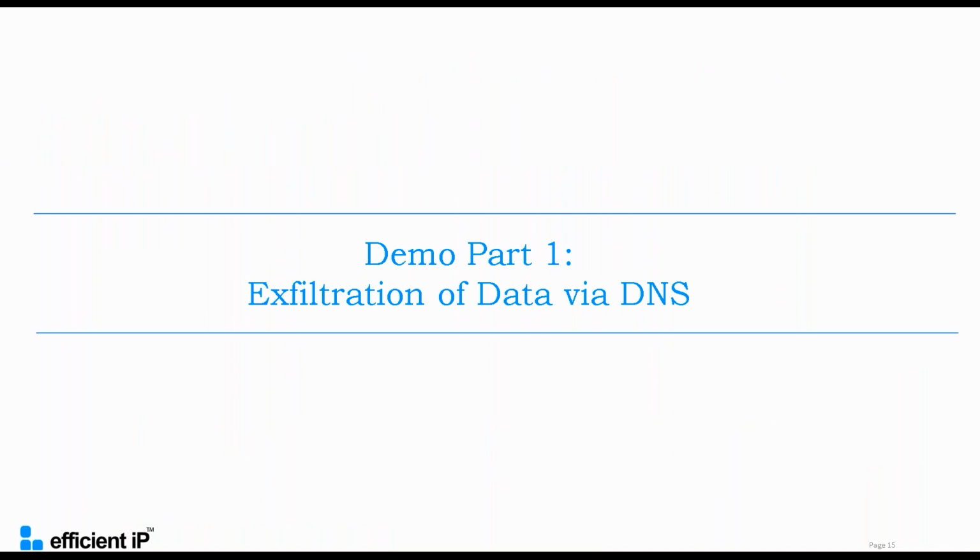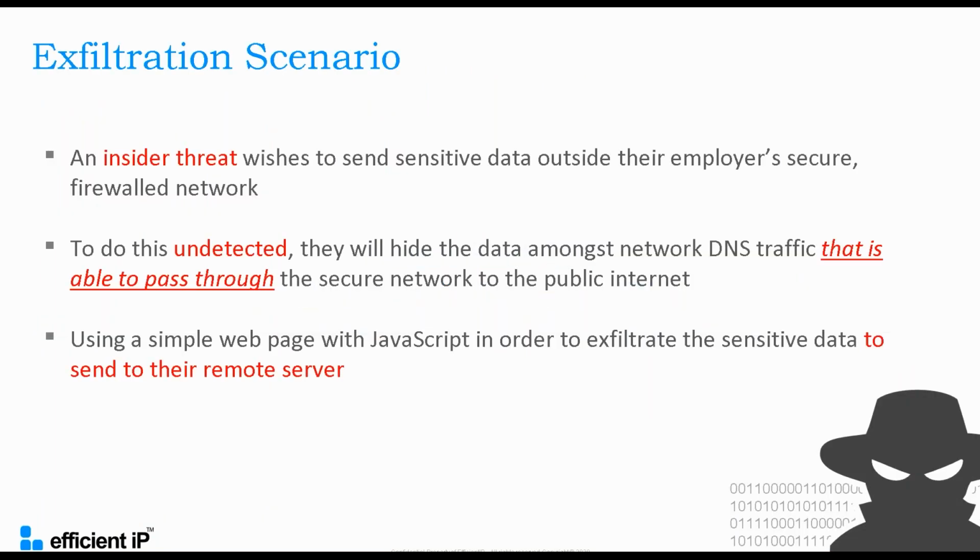And that is precisely what we can do and demonstrate. This is something that I've been talking about for many years now at many talks. A scenario exists where an insider on the network wants to send data outside of the network. We stipulate that it's secure and firewalled, obviously most are, but the requirement is pushing from inside to outside.